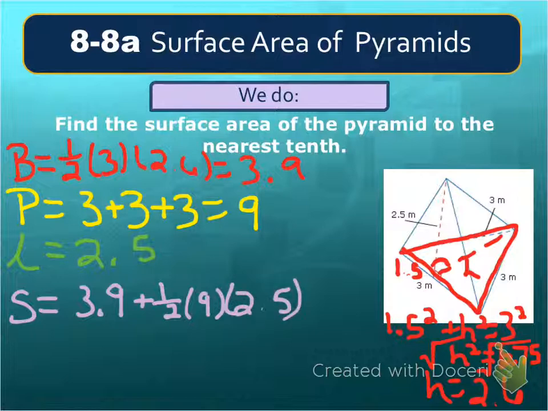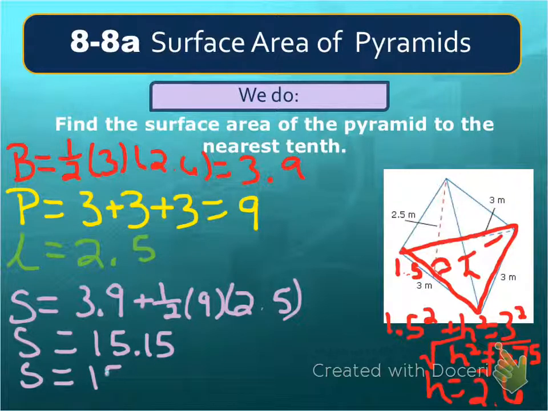Put all this in your calculator, and you're going to end up with a surface area of 15.15. But remember, if we're rounding, if we round to the tenths, that's going to end up being 15.2 meters squared.